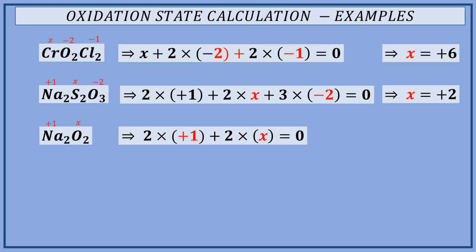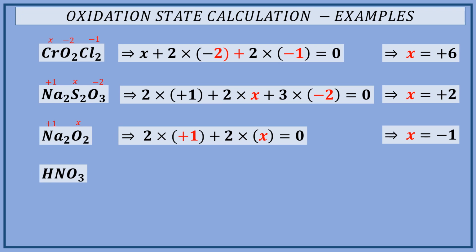So the oxidation state of oxygen here will be -1. This is the peroxide ion. We have noted it down in our earlier notes as well. You can refer there to keep track of different oxidation states of oxygen.